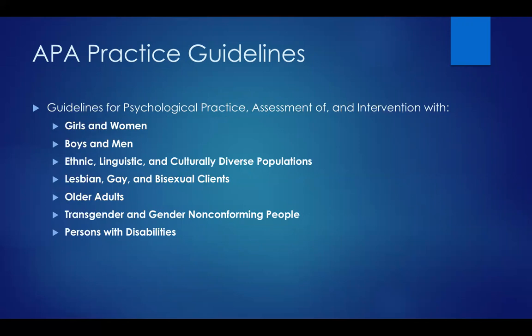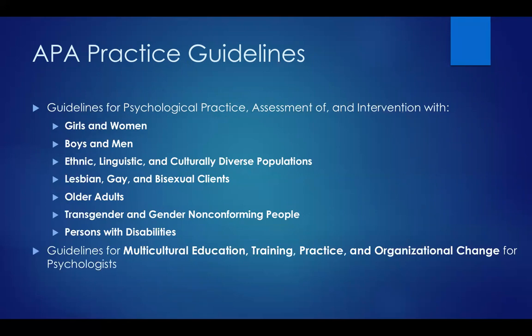This is supposed to help psychologists learn the best practices working with these groups. They've also developed guidelines on how to train psychologists in multicultural counseling and multicultural psychology, with a variety of best practices for training and education as well.